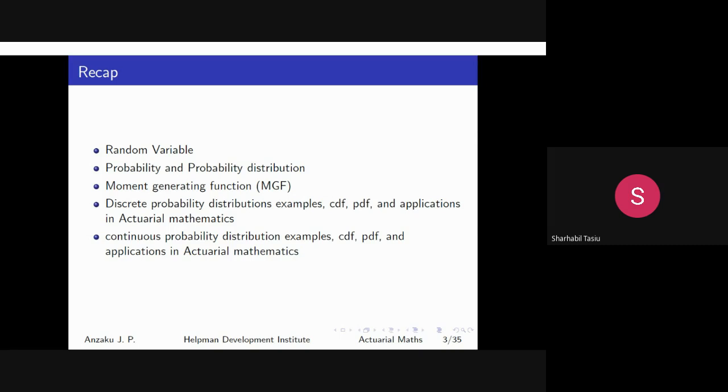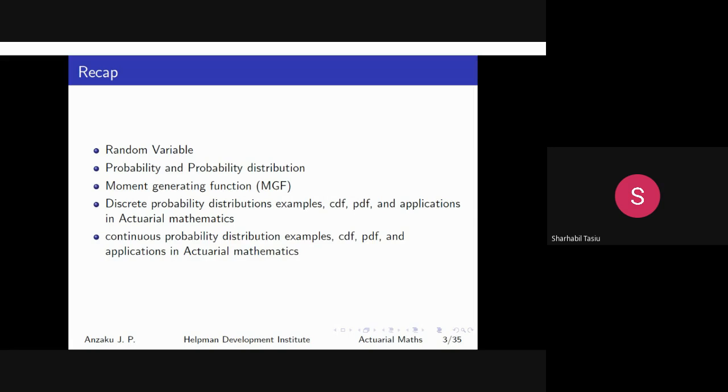We also talked about probability. We defined probability, the conditional probability, and also the frequency approach to probability. We talked about probability distribution. We see probability distribution is a measure of the behavior of a random variable. So how the random variable behaves, we can use the probability distribution to measure it. We also talked about the moment generating function, remember?